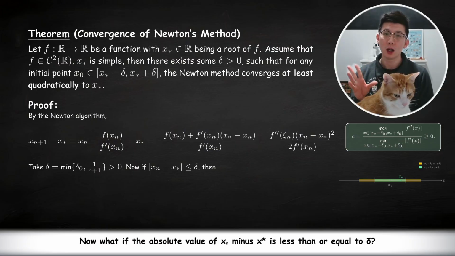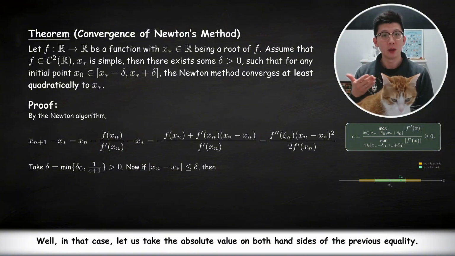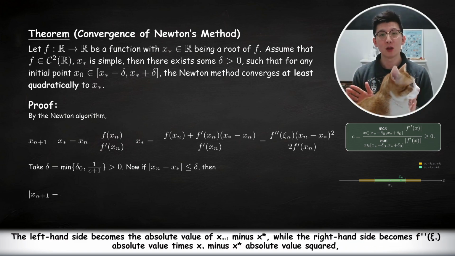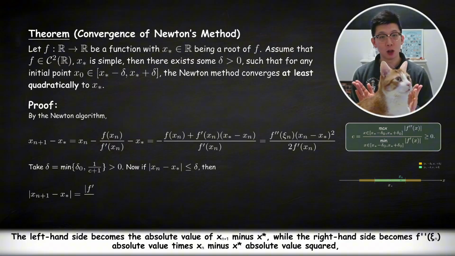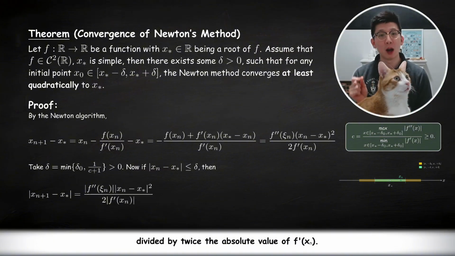Now, what if the absolute value of x_n minus x star is less than or equal to delta? Well, in that case, let us take the absolute value on both sides of the previous equality. The left-hand side becomes the absolute value of x_{n+1} minus x star, while the right-hand side becomes the absolute value of f double prime of c_n times the absolute value of x_n minus x star squared, divided by twice the absolute value of f prime of x_n.